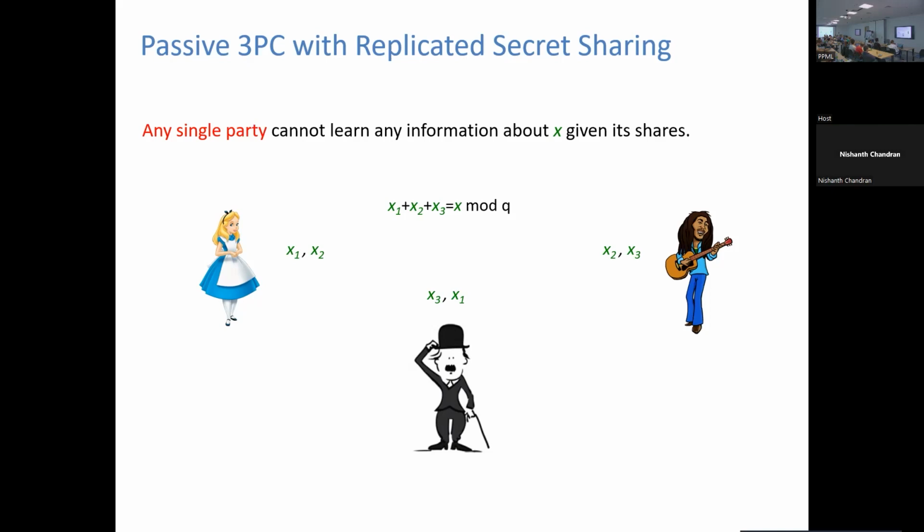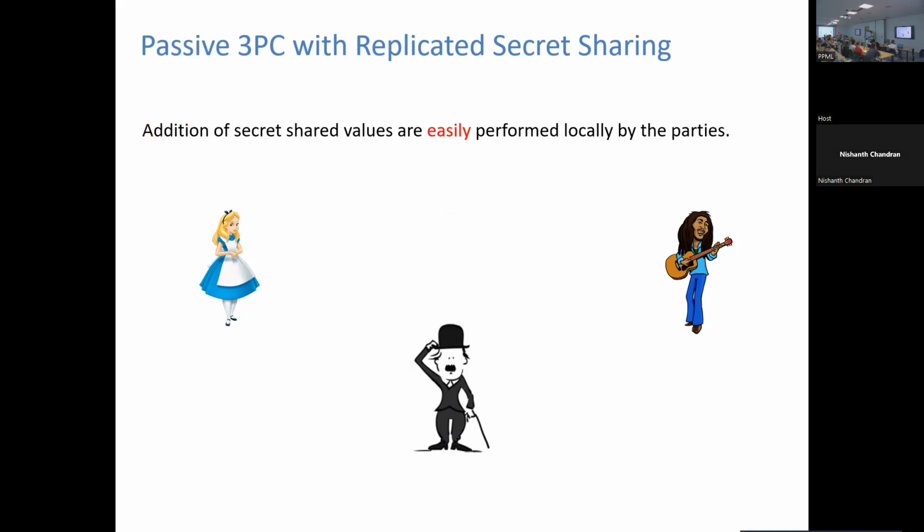Alice has X1 and X2, and Bob has X3, so they can put it all together and recover the full value X. But we still have the nice property that no single party can learn any information about X, given whatever they have in terms of shares. Alice doesn't have X3, and X3 is completely random subject to this constraint, so she learns no information about X. The same goes for Bob and Charlie.